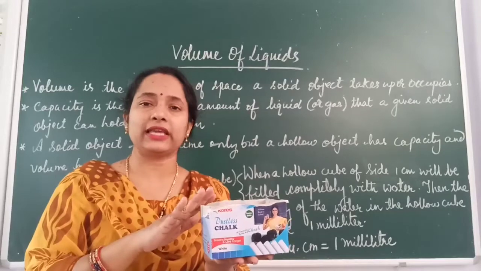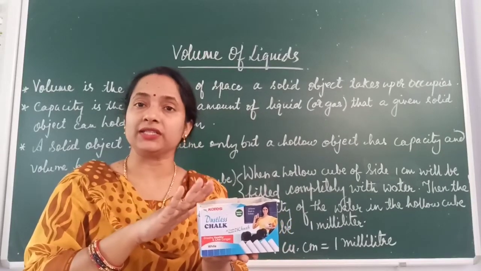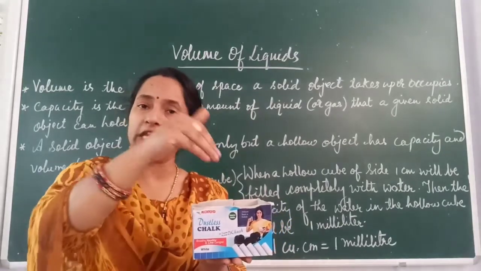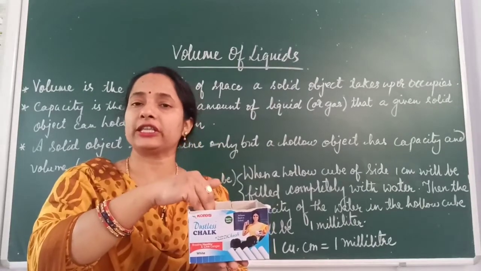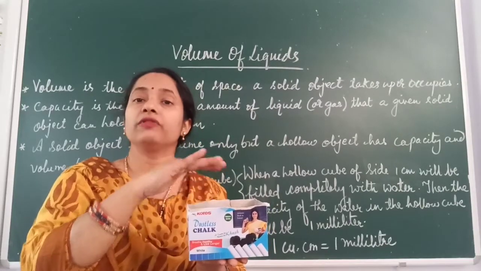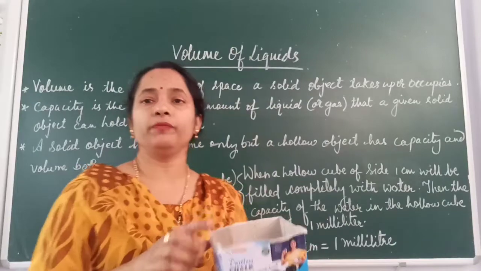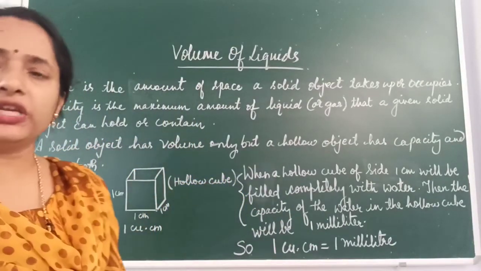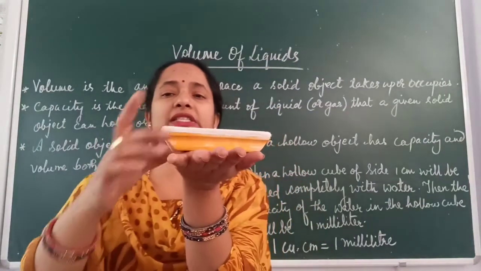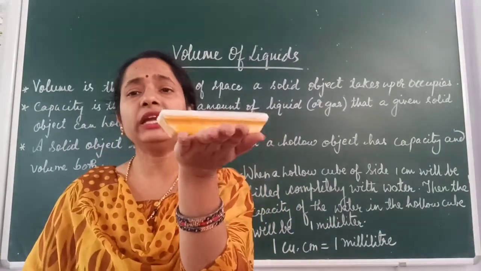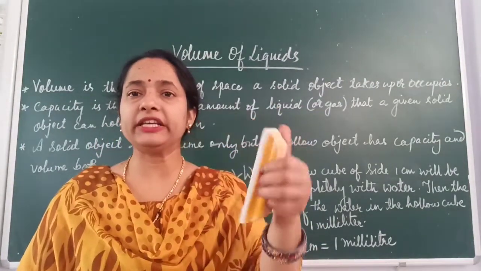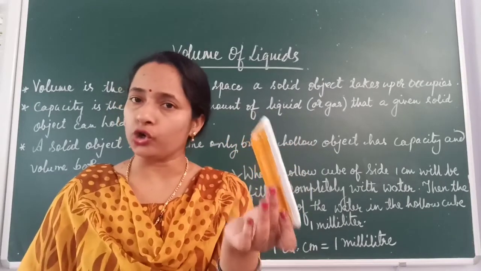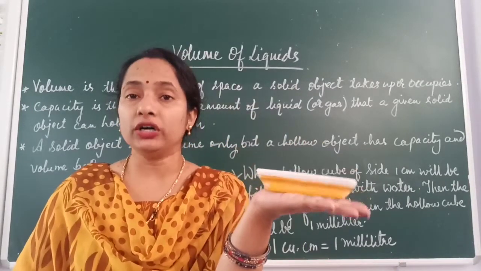So here in this case, how much liquid this solid substance can hold will be called its volume, or capacity. A solid object will have only volume. Let us consider this duster. It is completely solid. It is not at all a hollow object. It has a volume.